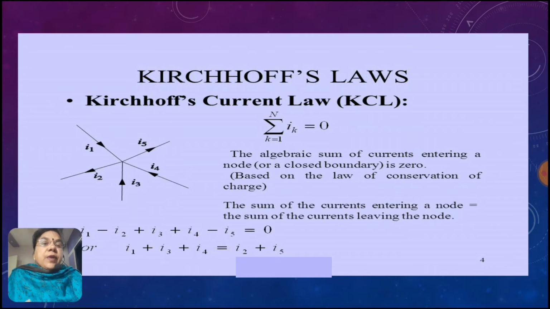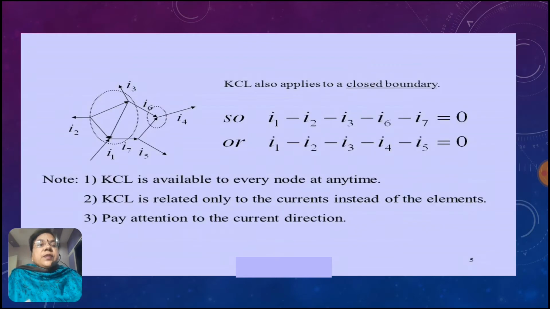So I2 and I5 are outgoing currents, and I1, I3, I4 are incoming currents. So incoming currents are always equal to the summation of the outgoing currents. This is the very simplest form of Kirchhoff's current law. So I1 minus I2 minus I3 minus I6 minus I7 is equal to 0, if I apply KCL to this other circuit.